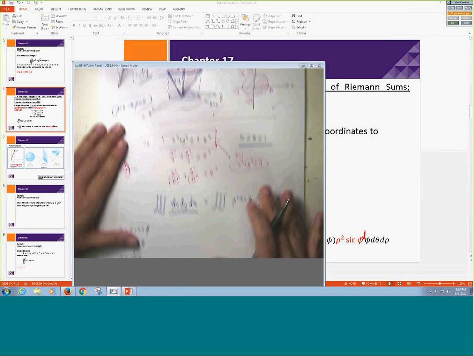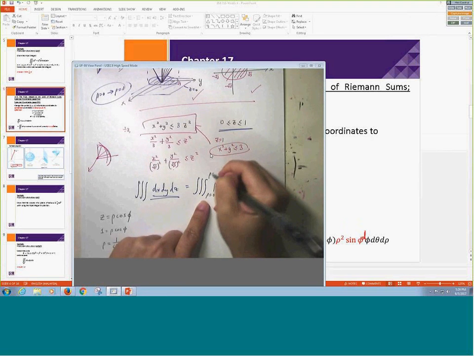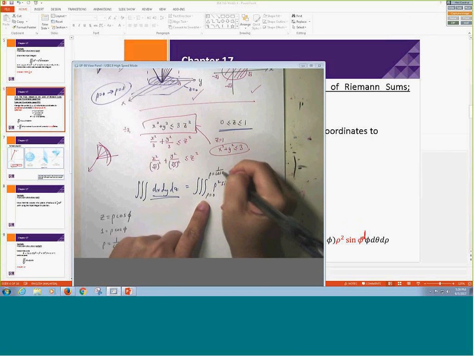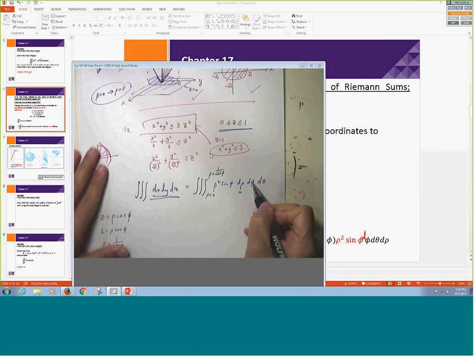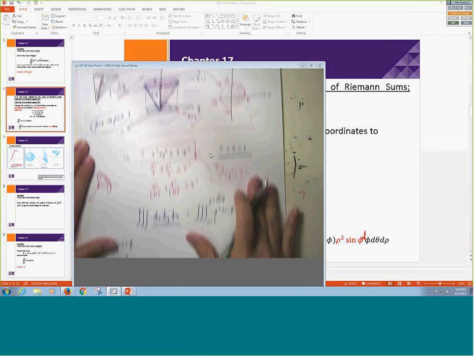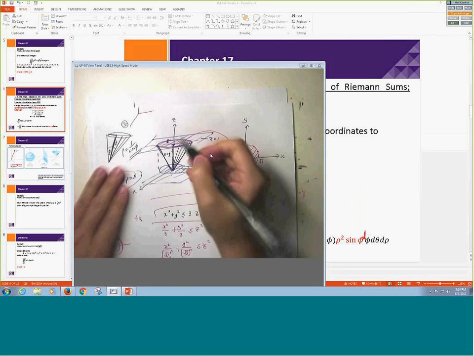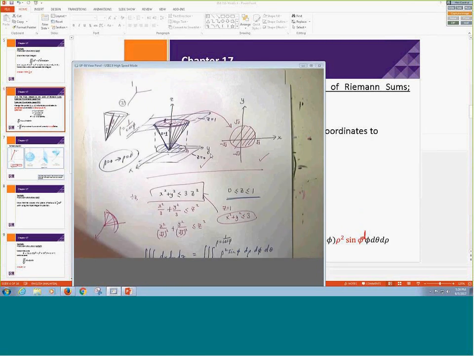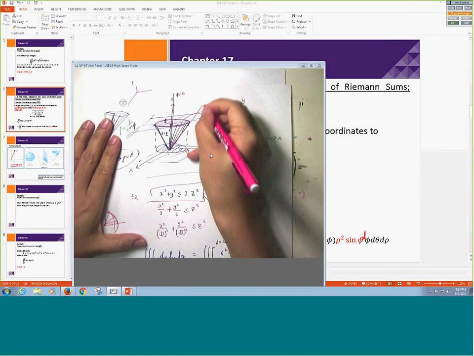So our rho is from 0 to 1 over cos phi. Phi is measured from the z-axis, and now your phi actually starts from 0 to this phi.